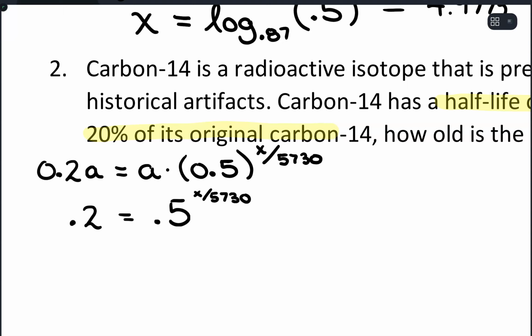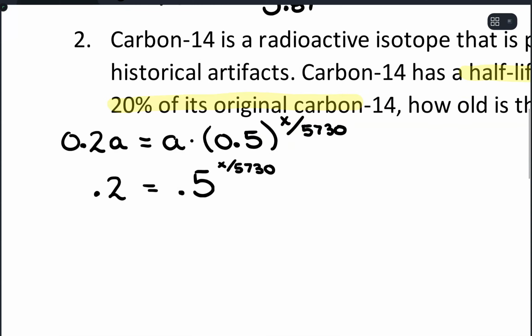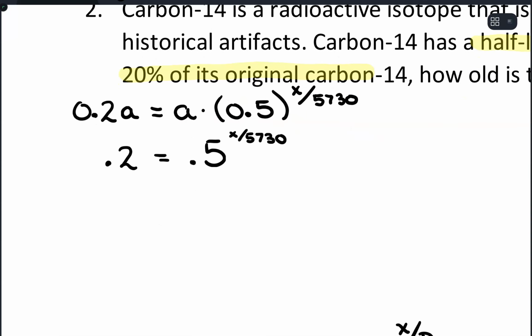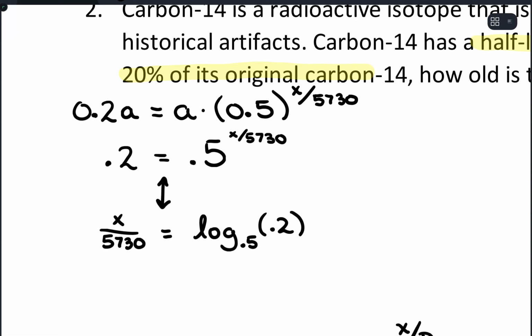It's stuck in an exponent, which tells me we need logarithms. So I have this value of 0.2, base of 0.5, and this exponent that's an expression of x over 5,730. So switching to logarithm mode, exponent of x over 5,730 is equal to a logarithm with base 0.5 of that value of 0.2.